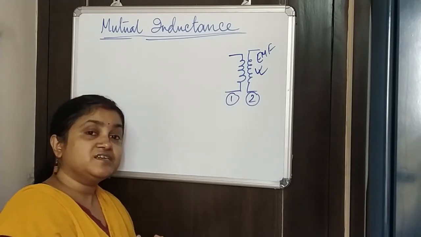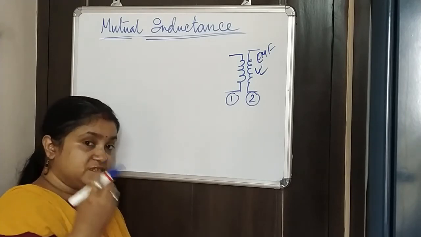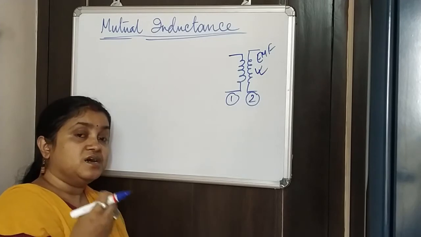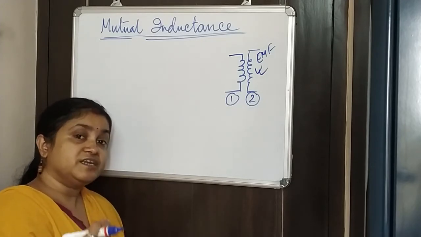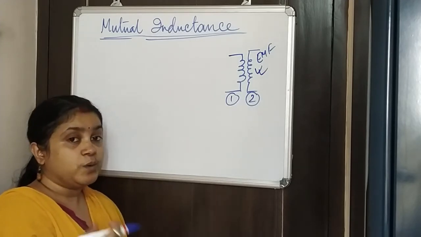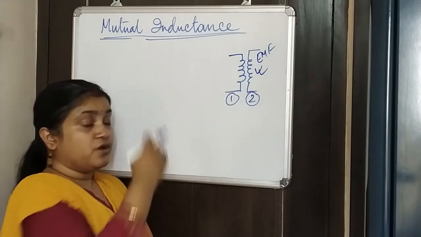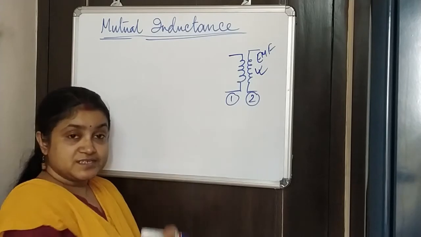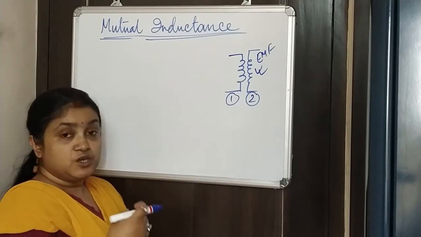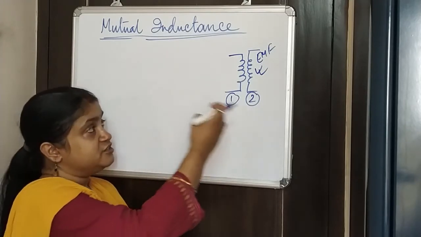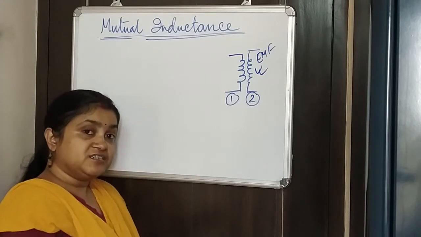In self-inductance we have seen that there is only one coil, and due to the change of current in the circuit the coil produces an EMF. Here there are two coils, one primary, one secondary. Due to the primary coil current change there is an induced current in the secondary coil.